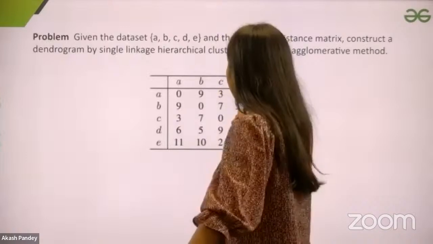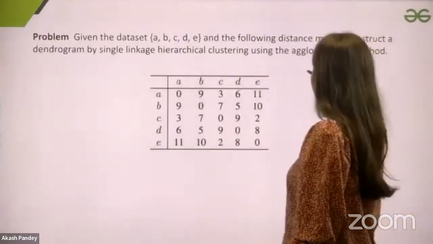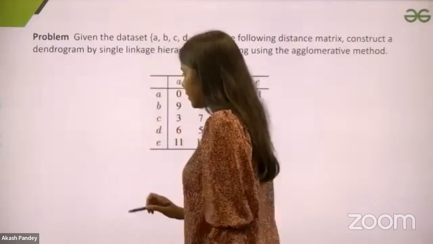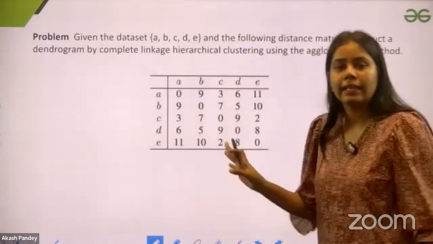So guys, yesterday I shared this question with you and told you that you have to use single linkage hierarchical clustering. Yesterday we solved one question based on complete linkage hierarchical clustering.